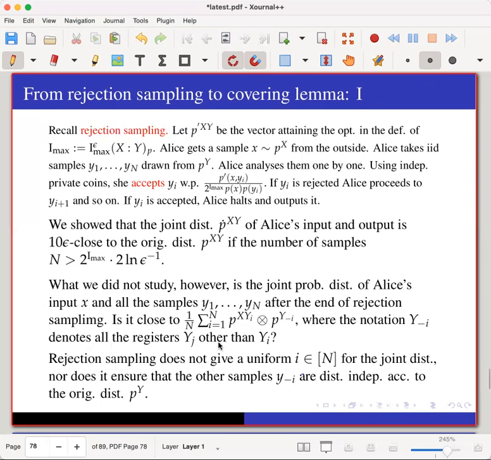The intuition is, why should this distribution be close to the complete product distribution, px times py1 times py2 up to pyn? The idea is, in the ith term, x is only correlated to yi. It's independent of the yj's where j is not equal to i, and those yj's are also independent of each other.